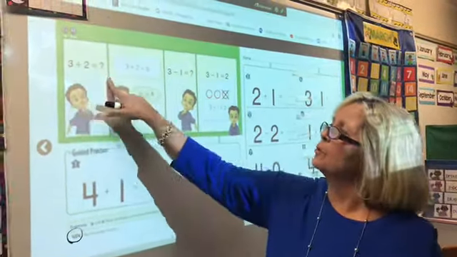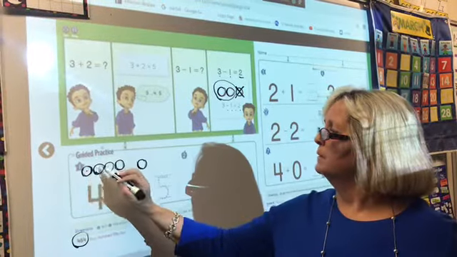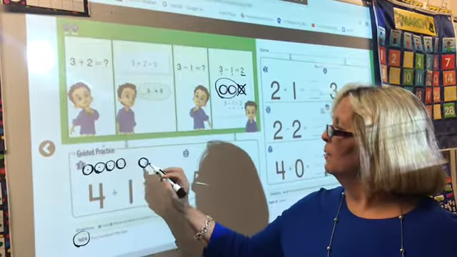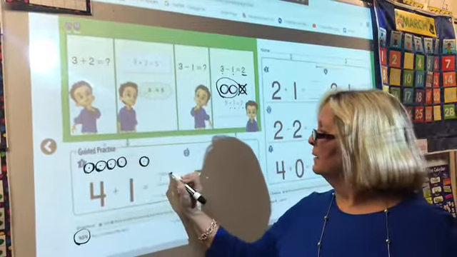How many all together? Let's count. 1, 2, 3, 4, 5. So the numeral that we're going to write right here is 5. Let's read our number sentence together. 4 plus 1 equals 5.